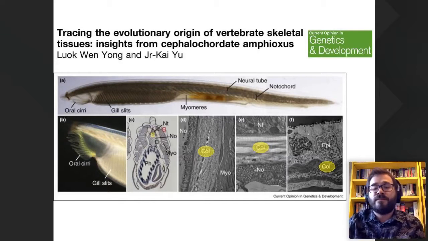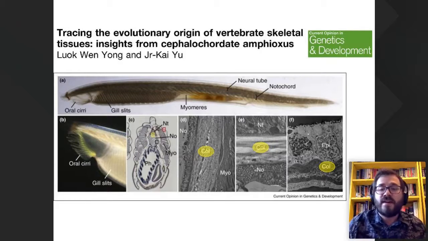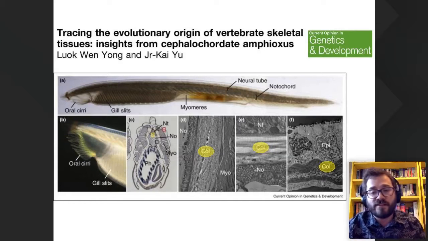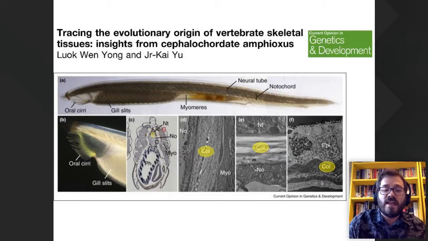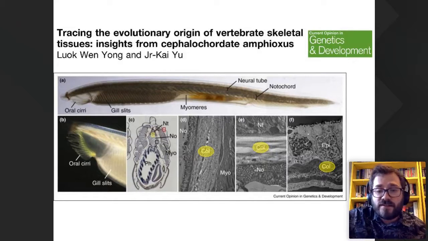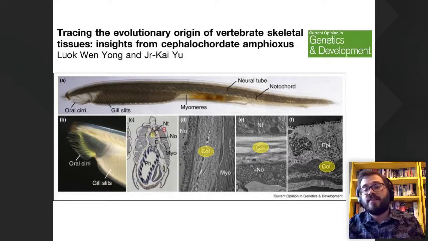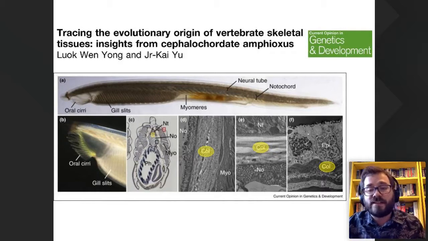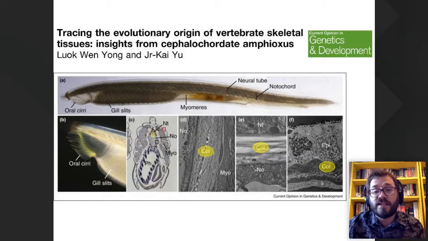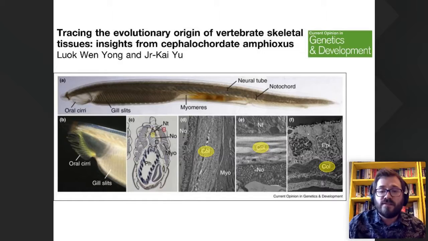Once you've joined together all the vertebrates in that tree, and then you bring along some of the invertebrates and see where those nodes meet, one of our nearest invertebrate relatives is the Amphioxus, and on first appearance they are very fish-like. And these scientists discovered collagen in the body tissues of Amphioxus, and this is potentially this organic precursor skeleton that I said earlier would be predicted by this biomineralization toolkit hypothesis.